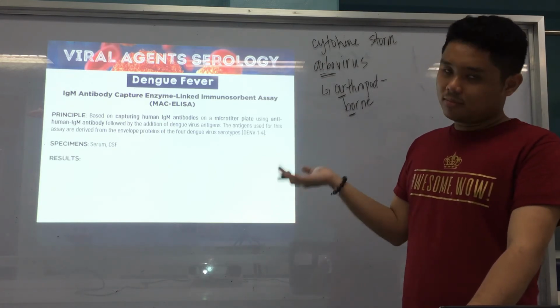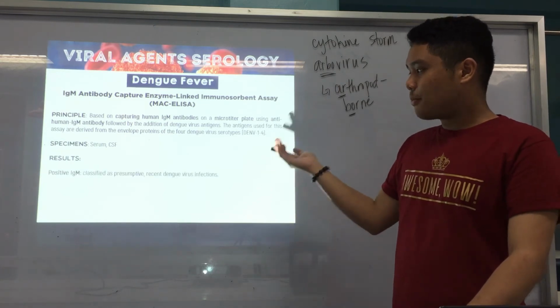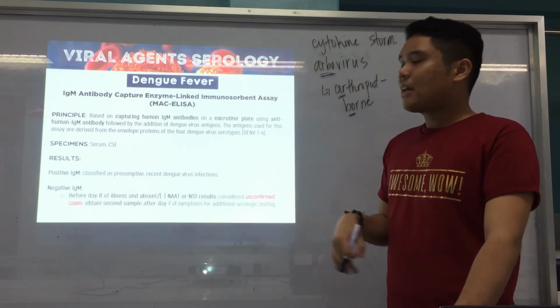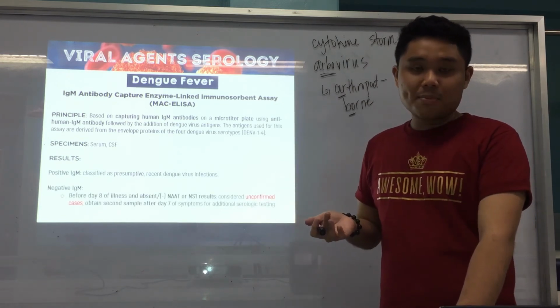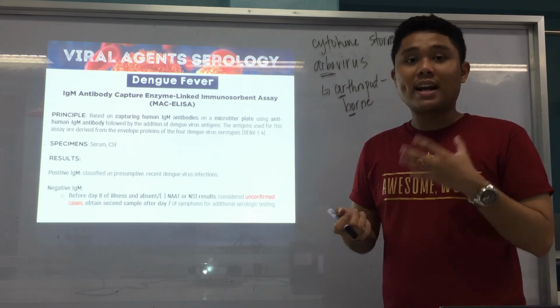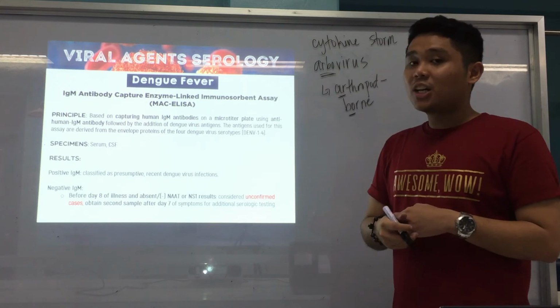The results have many interpretations. If positive, it could indicate a presumptive recent dengue virus infection. But if it's negative and you were tested before day 8 of the illness, and your NAAT or nucleic acid test or NS1 test is also negative, it is considered unconfirmed.